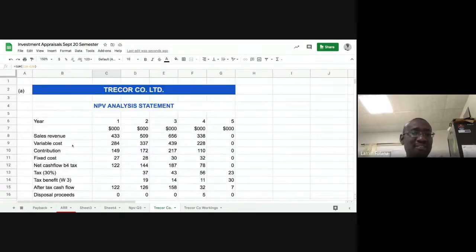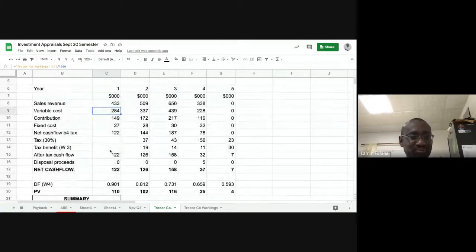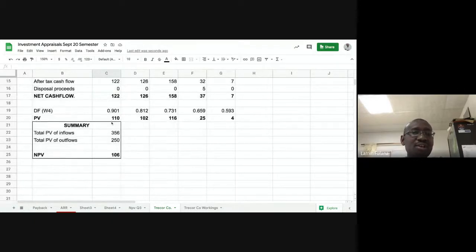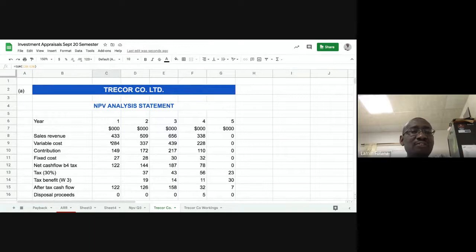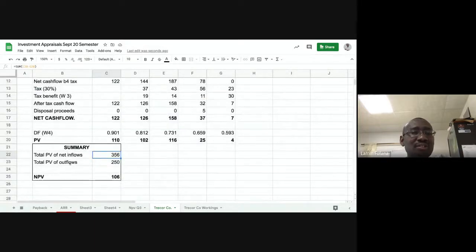Like the variable cost is an outflow. The fixed cost is an outflow. Not only those, even the tax payment is an outflow. The rest are inflows. So you're right. The reason why we said total PV of inflows, it should in fact be total PV of net inflows. Net inflows means all the inflows less the costs.